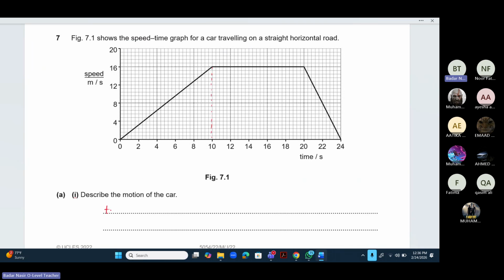So from t equal to 0 to 10 seconds acceleration is constant. ठीक है, so we have constant acceleration. अगर आप ये लिखते हो कि speed is increasing उसका मार्क नहीं मिलेगा, either you'll have to specify कि speed is increasing at a constant rate. Yes, so constant acceleration.